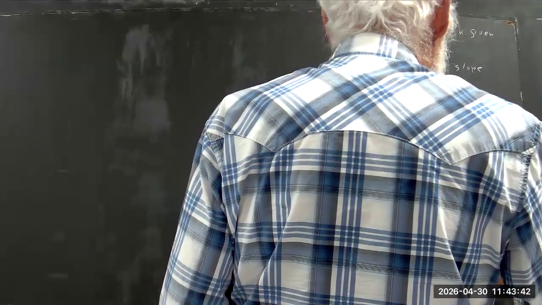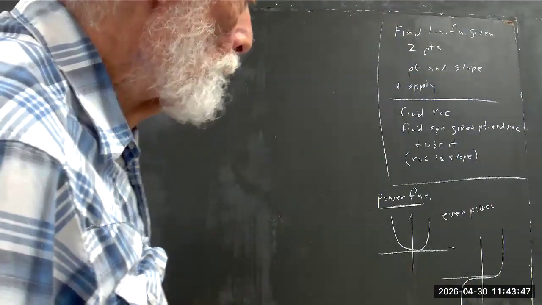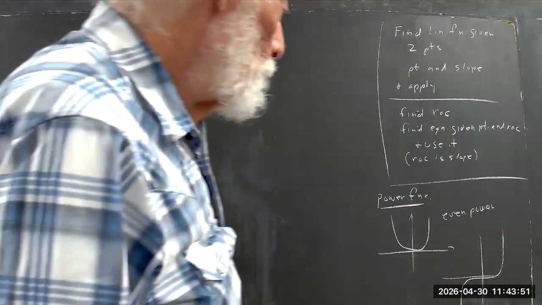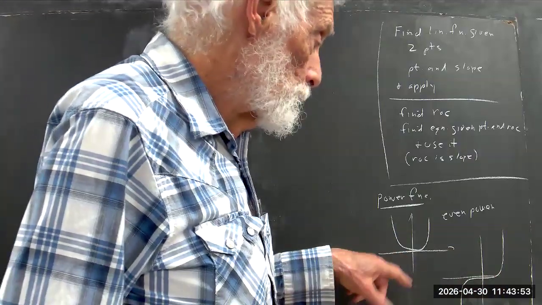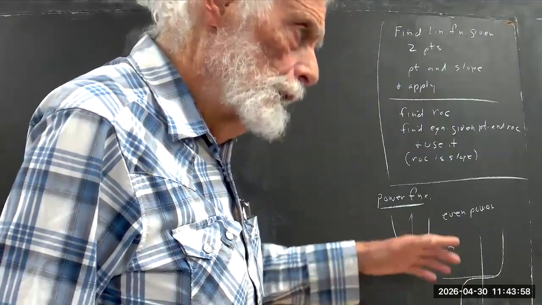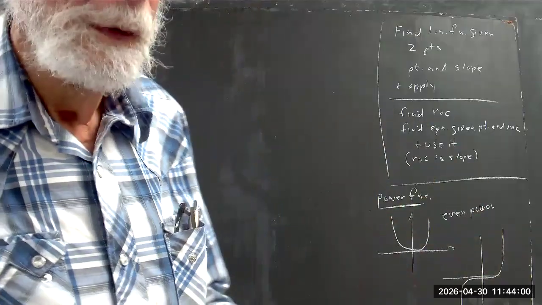Odd powers look like this. The higher the power, the flatter the graph is in the middle. But they both get flat at the vertex. I didn't quite draw that right. It should be getting flat right there. It's the origin, but you get the idea. You might need to review that.